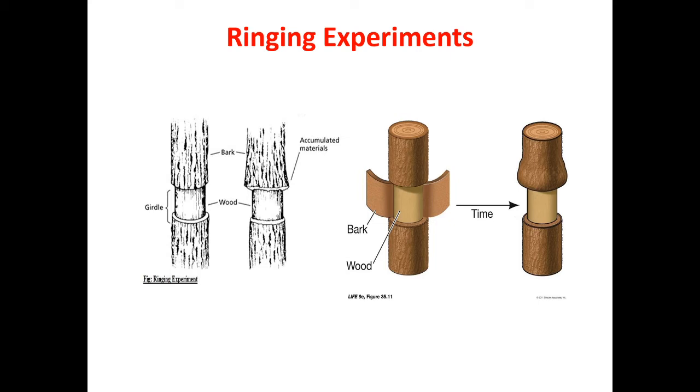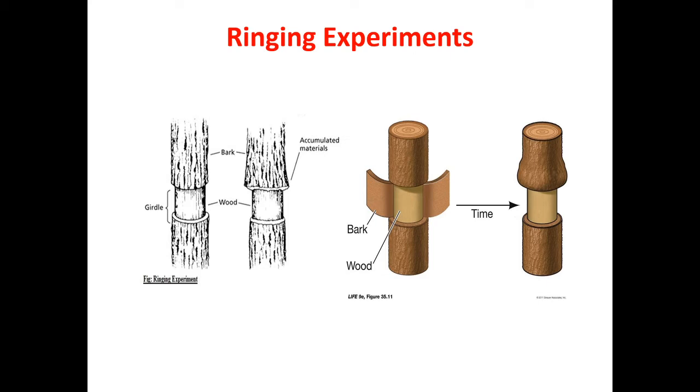It breaks the continuity of vascular tissue by their removal. In the girdling technique, a ring of bark is completely removed from the stem or branch with wood left intact. The ringing of phloem breaks the downward movement of organic solutes.